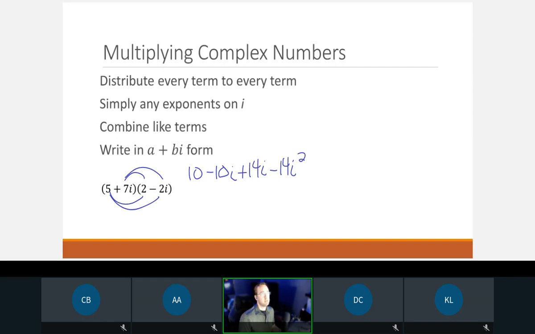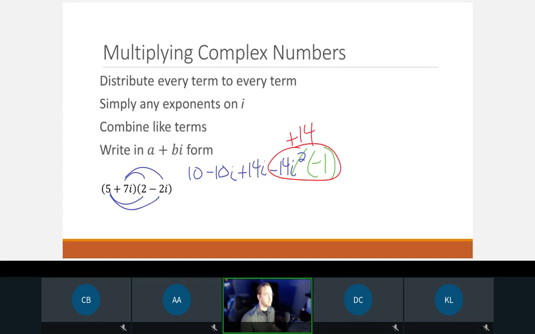So I'm just going to cross off i squared and replace that with -1. And then a negative times a negative. This right here, -14 times -1 is a positive 14. Everyone agree with that?